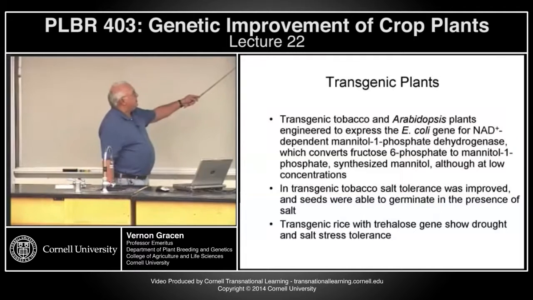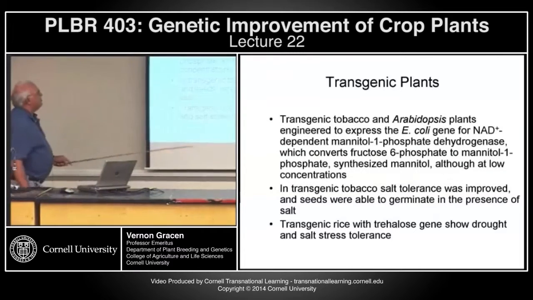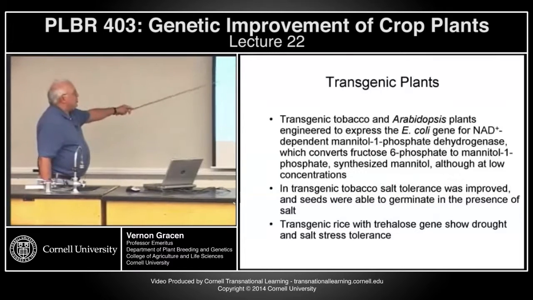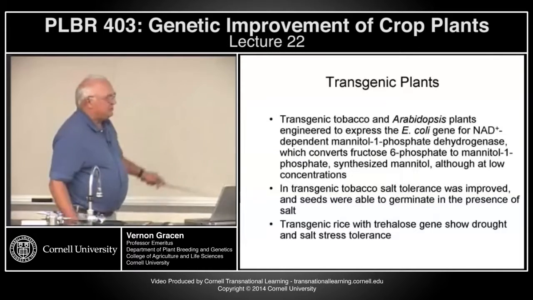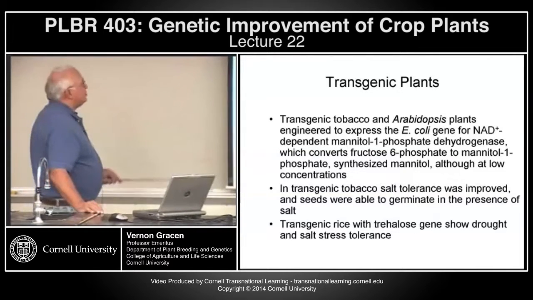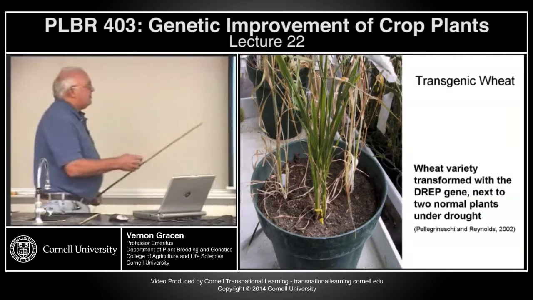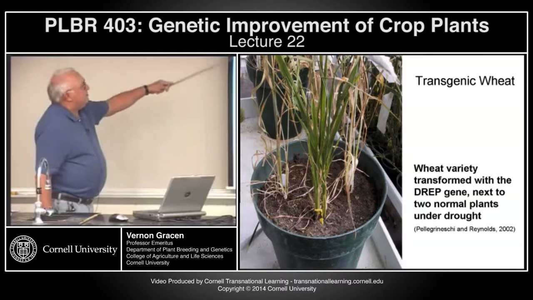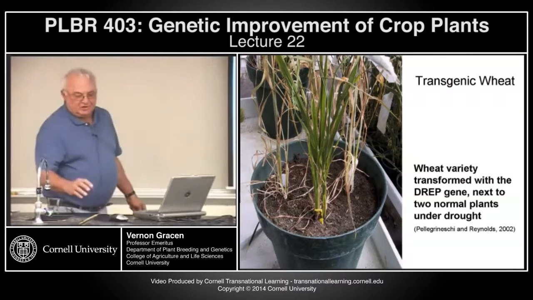Transgenic plants, tobacco and Arabidopsis are used as model systems, and all sorts of mechanisms for drought tolerance or salt tolerance have been incorporated. I think we got some slides. Yeah, this is the wheat variety with a DREB gene from bacteria, the tolerant versus the drought sensitive materials.